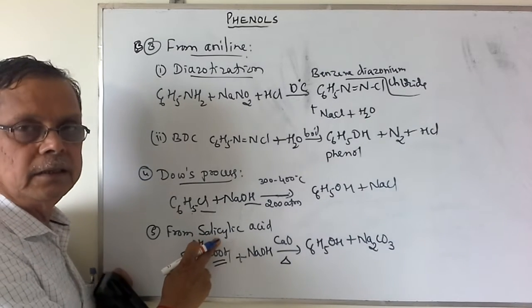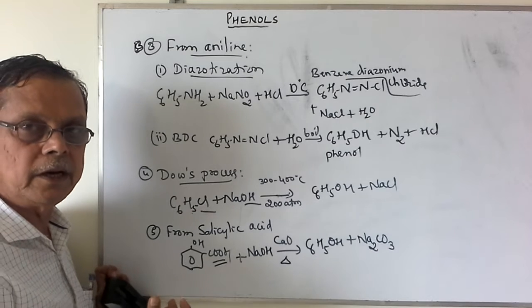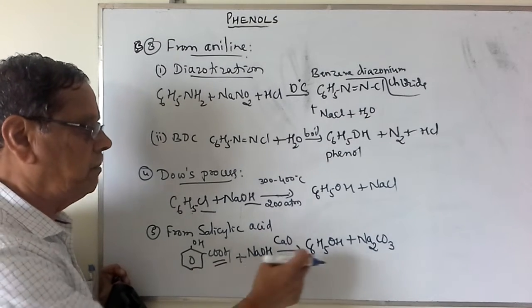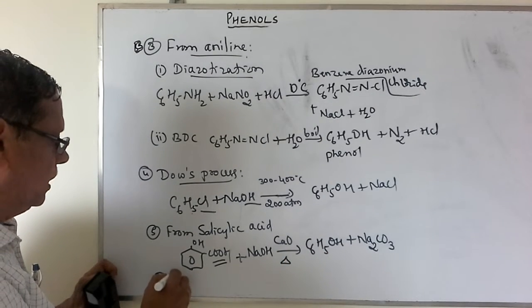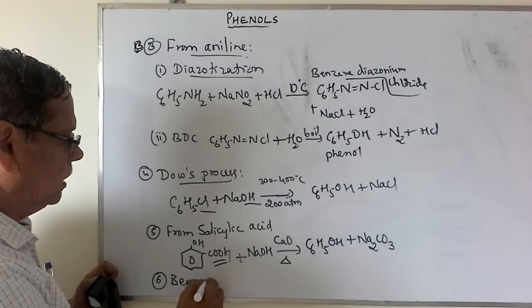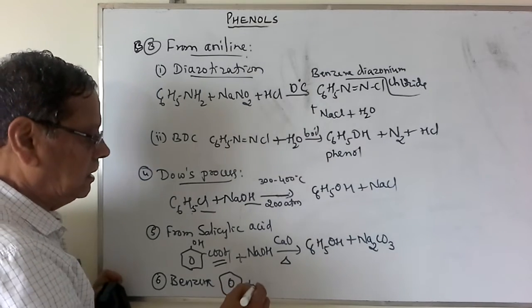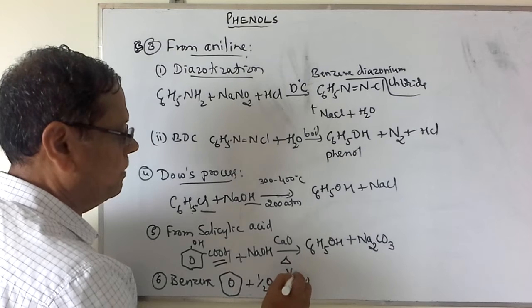Salicylic acid is available in various plants, especially the wintergreen plant. So that is extracted and fused with sodium hydroxide to get the phenol. The last one is from benzene. Benzene, C6H6, is then subjected to oxidation in presence of vanadium pentoxide.